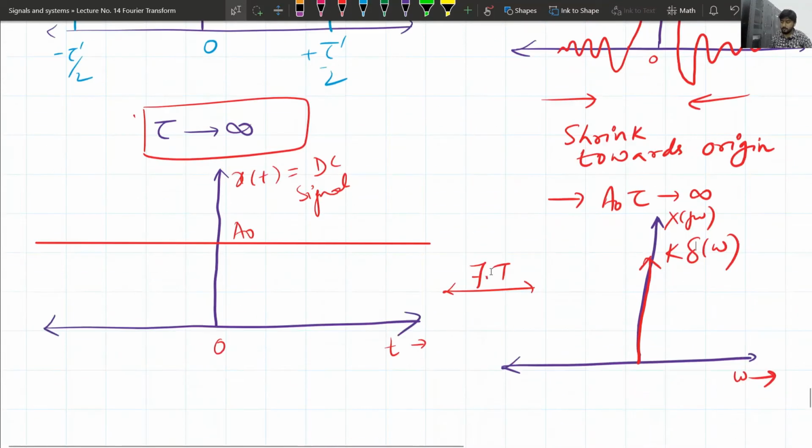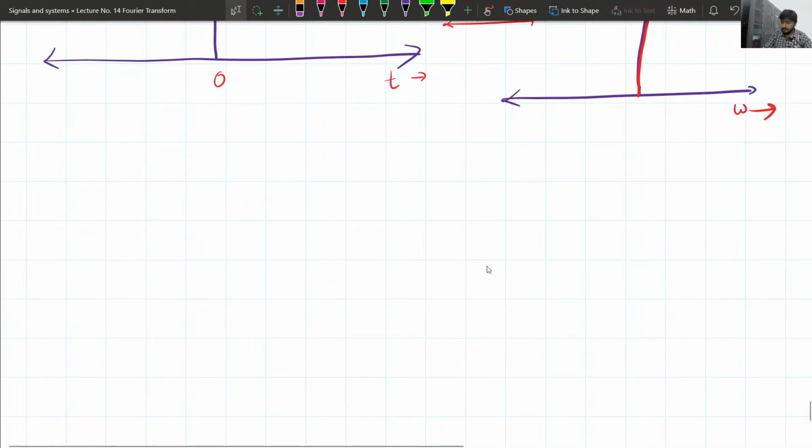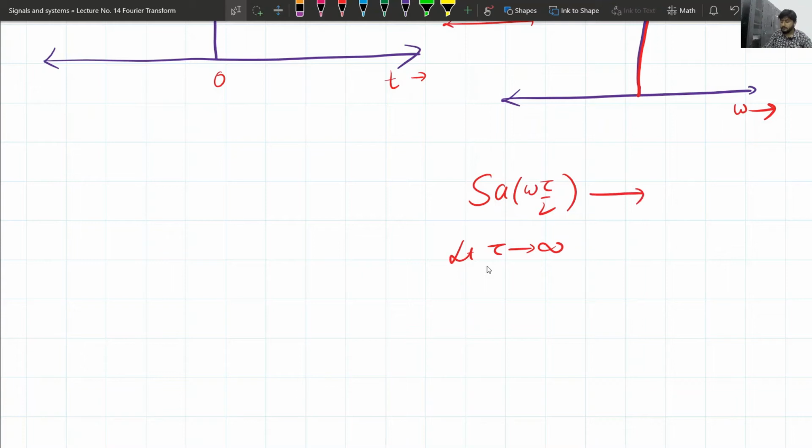So what we saw is that a sampling function taking limit tau tends to infinity becomes a delta function, where k is the weight of the signal in the frequency domain, weight of del omega.